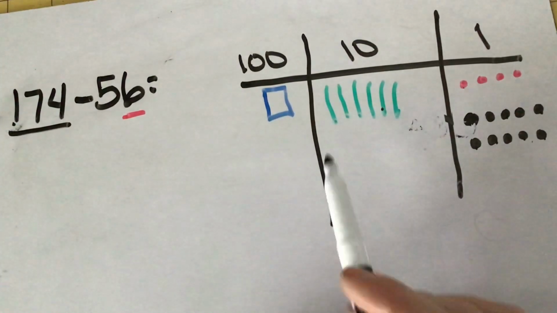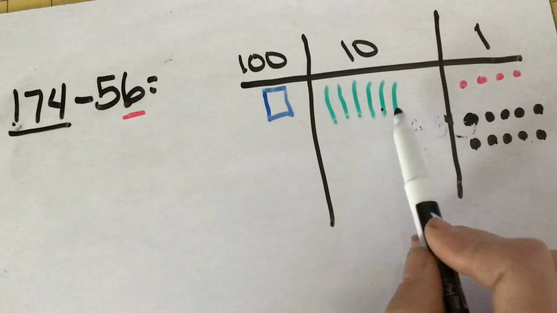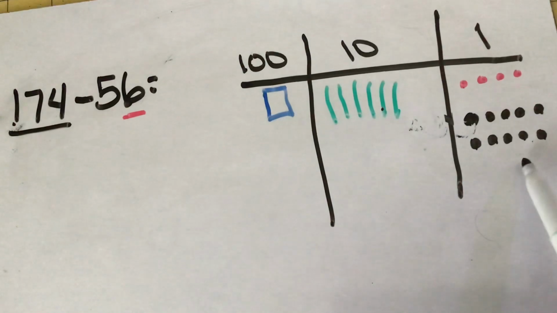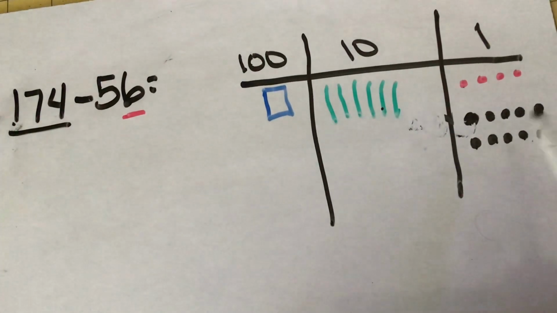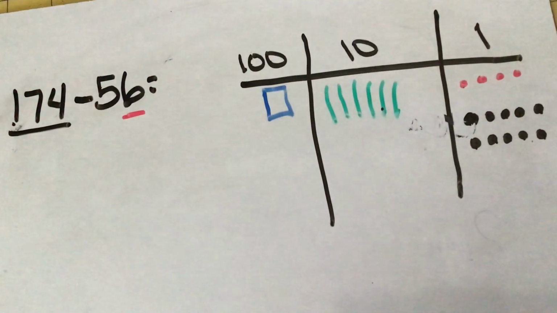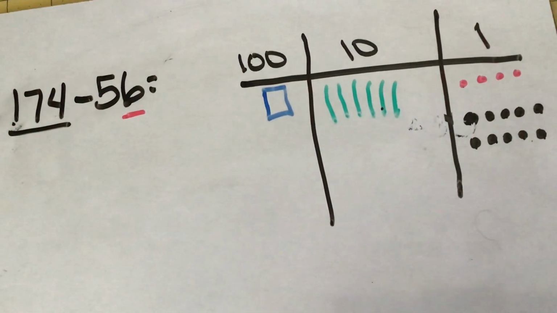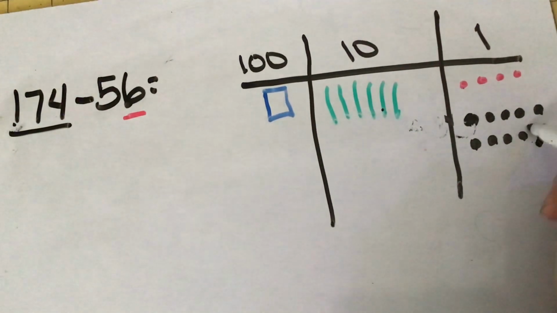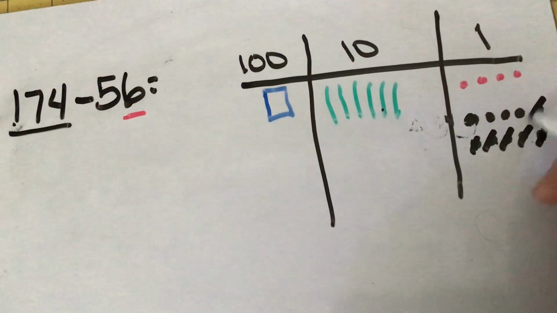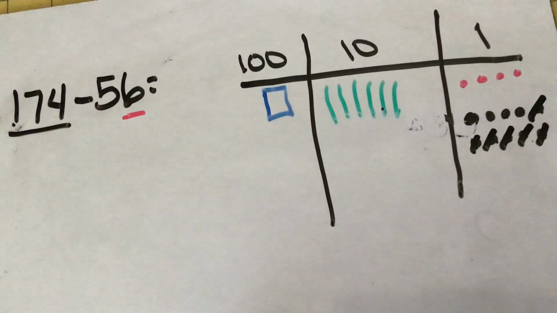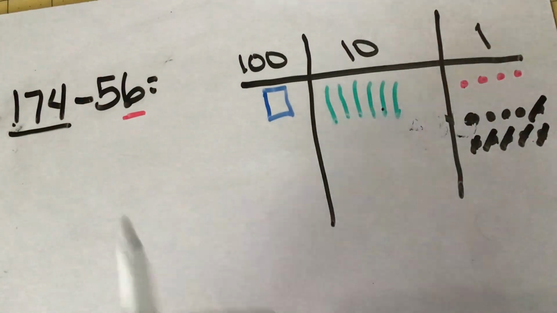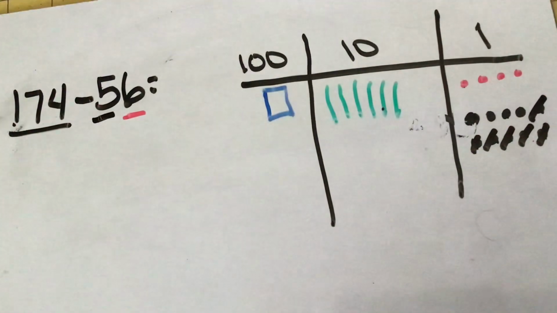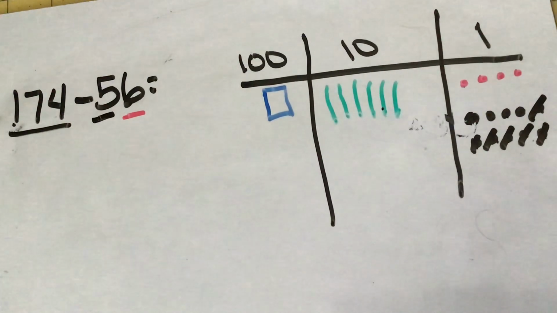I just moved one of our groups of tens, decomposed it into the ones that makes it a 10. Now I have enough ones to take away the 6. Let's look at it. 1, 2, 3, 4, 5, 6. And I'm going to stop right there with my ones. I'm not going to count them yet because I still need to take off this 5 tens.